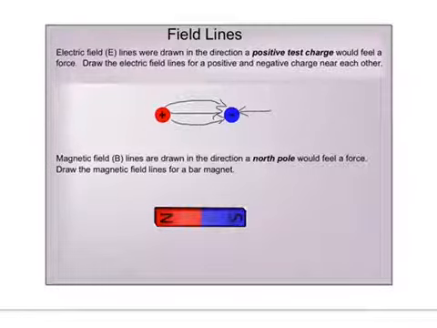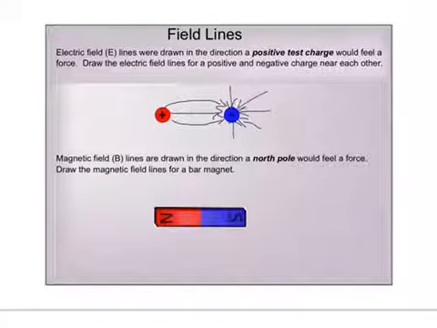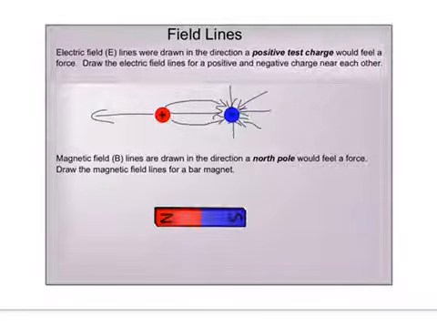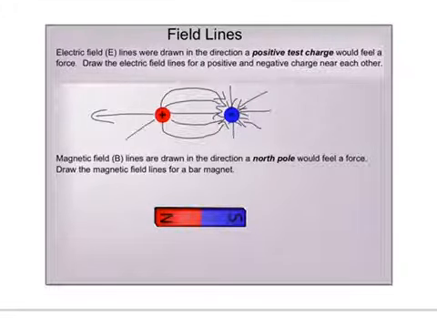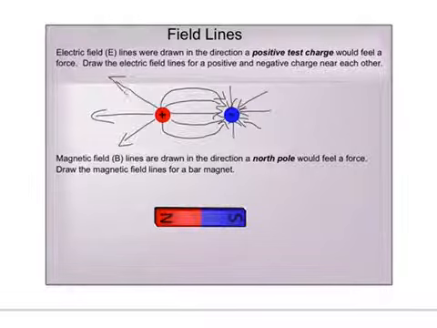And even ones that are going towards, nearest to the negative, they're all going to move in that direction. From positive, they're always going to move away. From the positive, if there is a negative in the vicinity, they're going to move towards that, so on and so forth. Magnetic field lines, very similar.